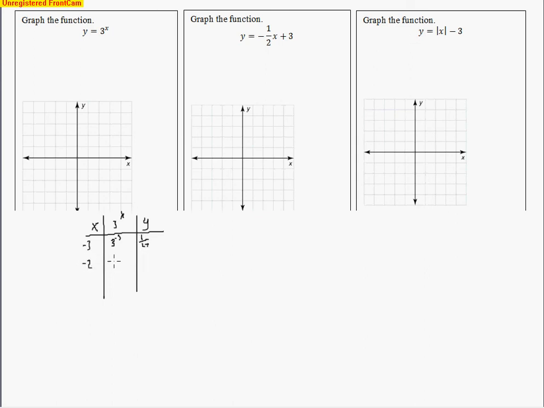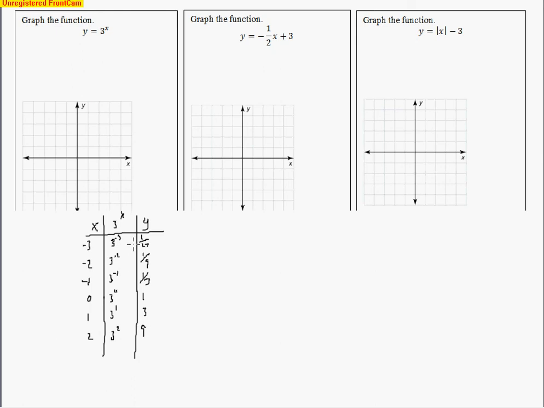If I plug in a negative 2, it's the reciprocal, so 3 to the negative second gives me 1 over 9, where negative 1 gives me the reciprocal of 3, which is 1 over 3. 0 is going to give me 1, and then I start going up. 3 to the first power gives me 3, and I could do 2 here. And 3 to the second power gives me 9.